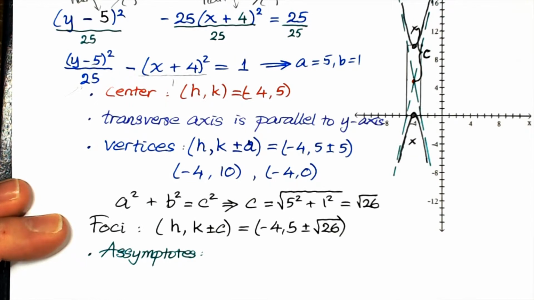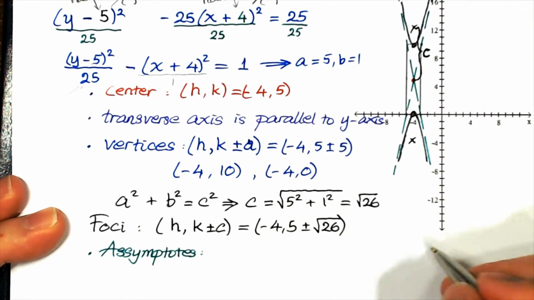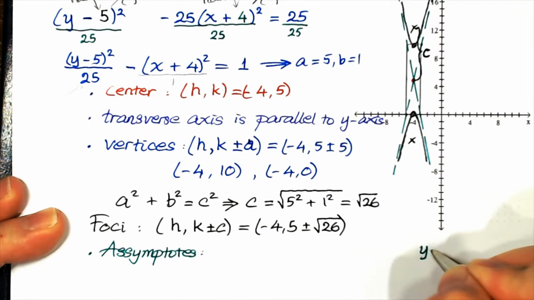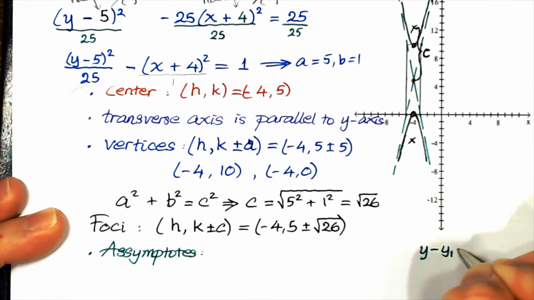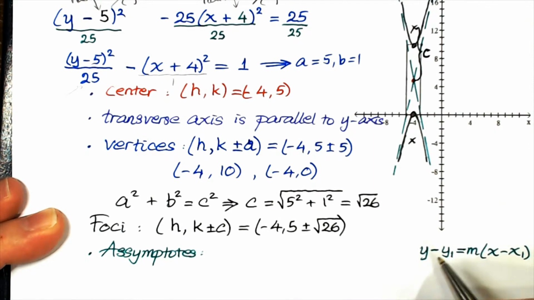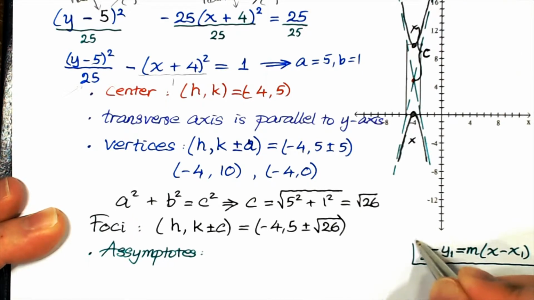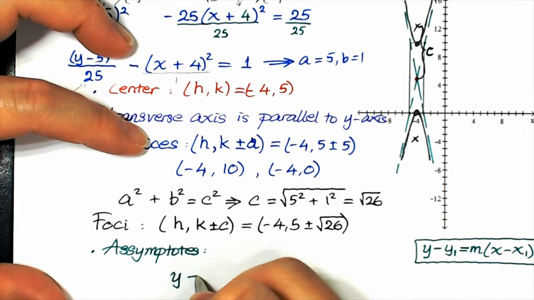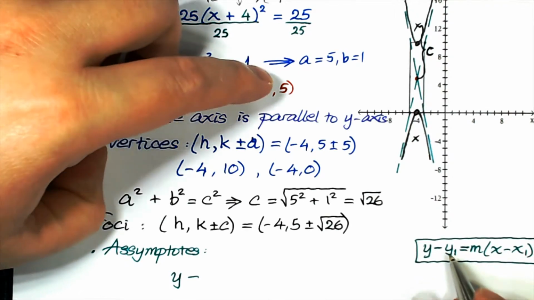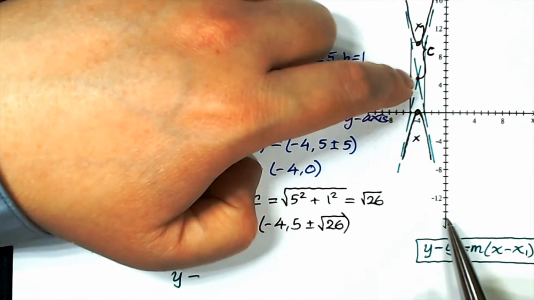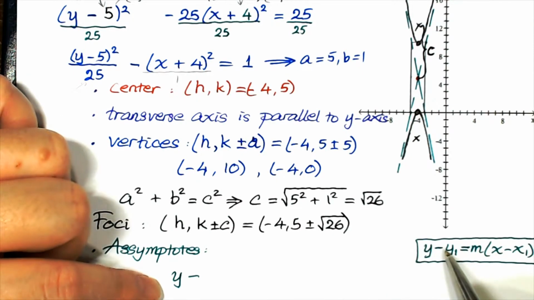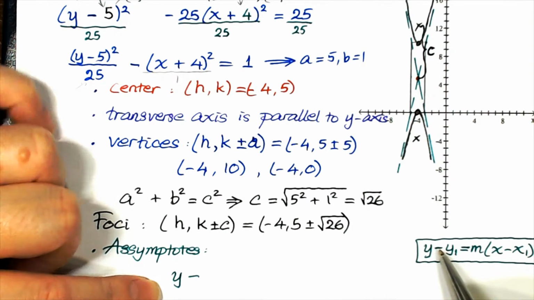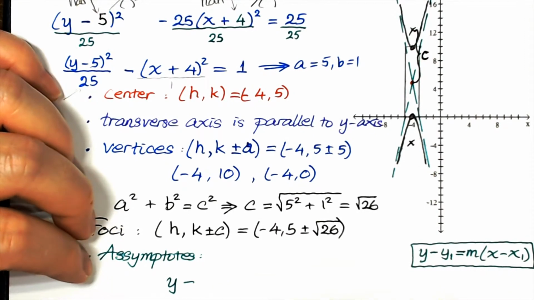So the equation of the asymptotes, let's say it in green then. For the asymptotes, we know that the equation of any line in general is y minus y1 equals m times x minus x1. So in general, the equation of a line that has the slope m and goes through the point (x1, y1) is going to be this. It goes through the center, so y1 is pretty much k, and k is 5, so it's going to be y minus 5.